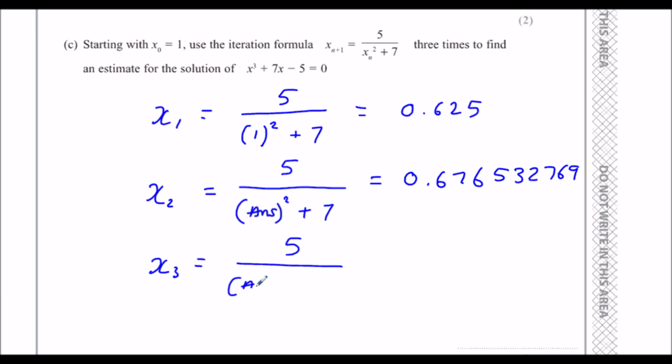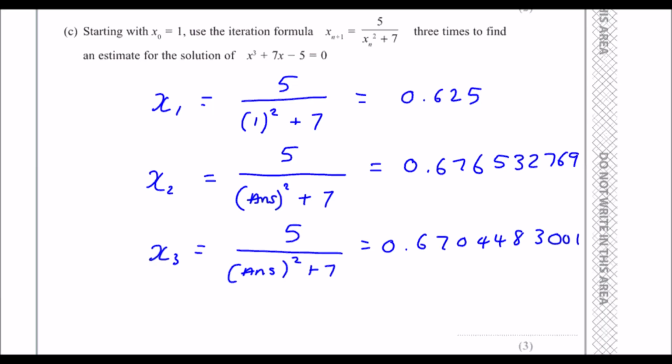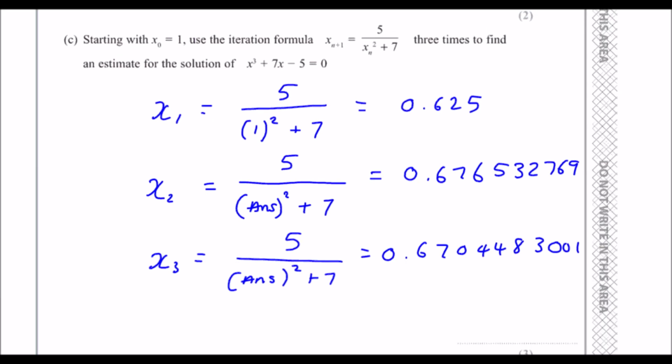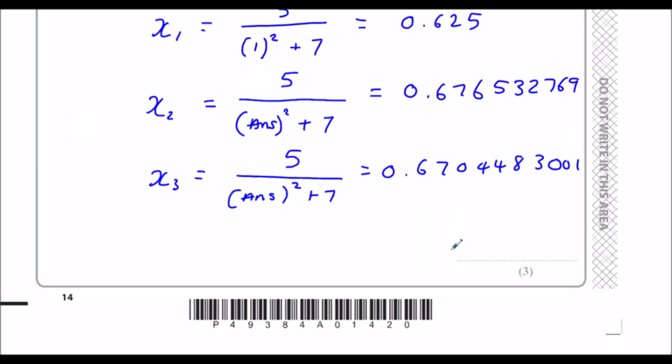So this time we're going to substitute the 0.676532 and so on in. But I'm just going to press the equals button again, and that gives me 0.6704483001. So we've done it 3 times. So our estimate for the solution is 0.67044830 and so on.